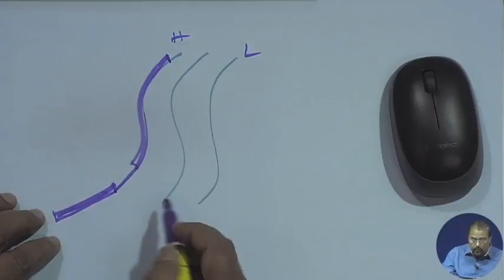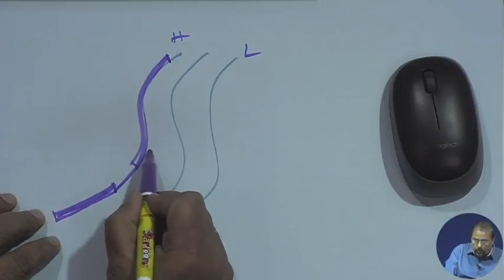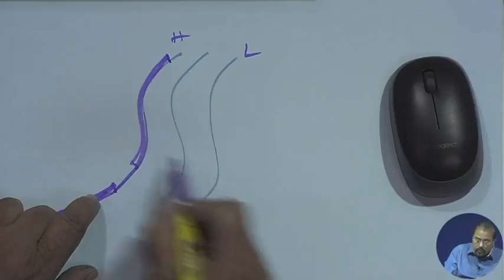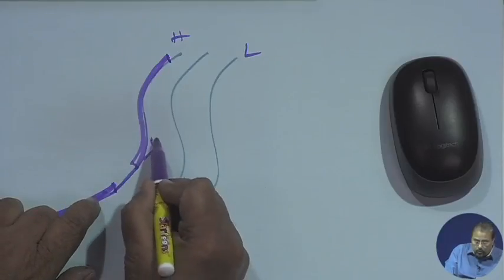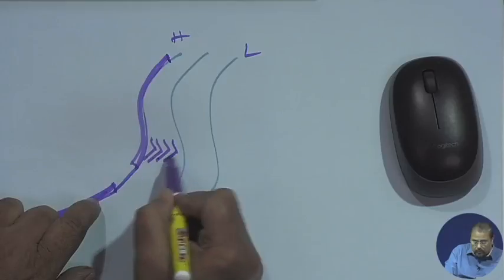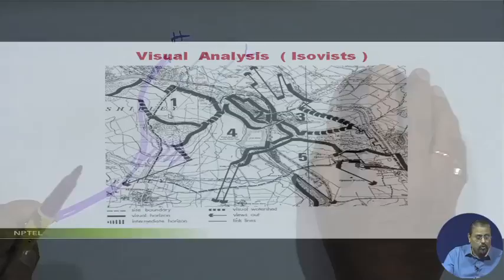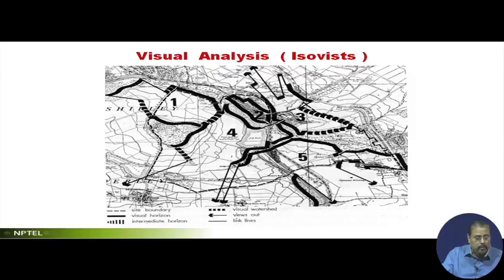Now if you find that at this particular point, stepping down from here to here, you have strong view potential outward, then you draw an arrow like this. This is called visual watershed. If you see the map, this is the kind of thing, visual watershed. The arrow indicates in which direction the view is.